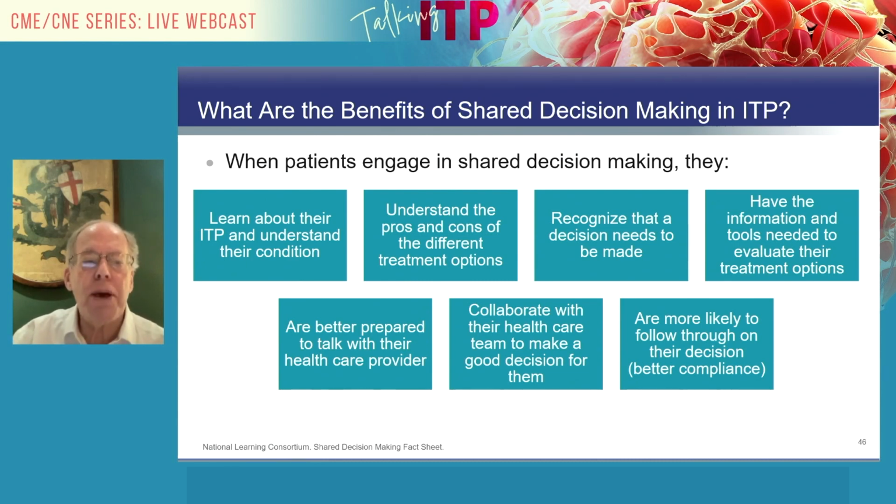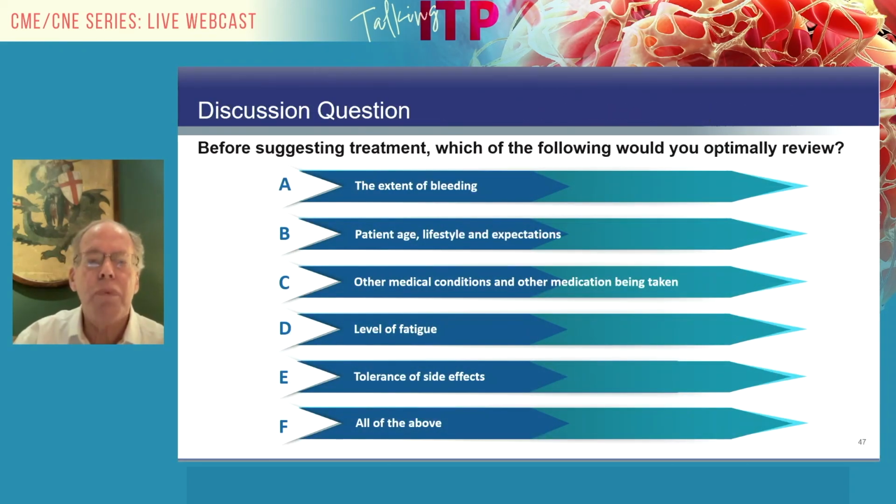So shared decision-making helps the patient understand about ITP, the pros and cons of different treatments, recognize that a decision is really being made, have information and tools to evaluate treatments, be better prepared to talk with the healthcare provider, collaborate with the healthcare team, as we said, and comply with the outcome.